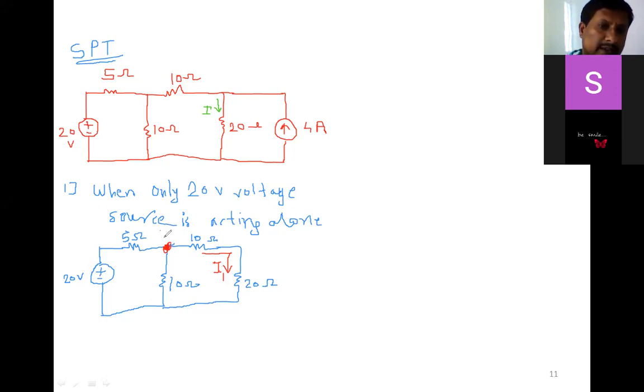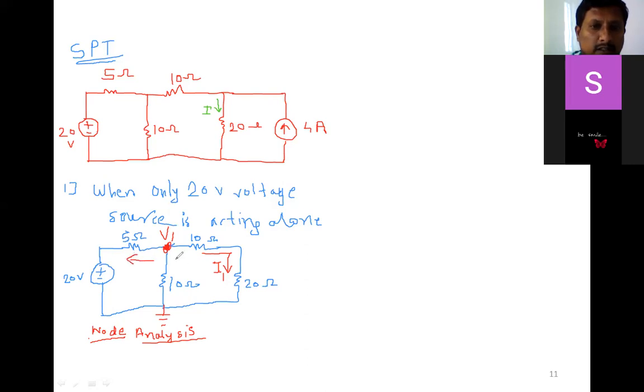So I will give the name V1 to this node, and this is the ground. So nodal analysis we can use. For that purpose, we have to mark the direction of current.